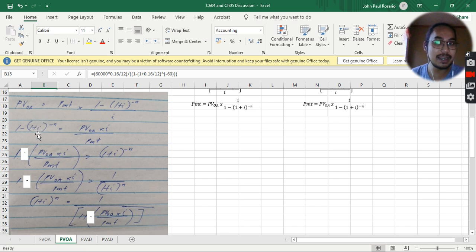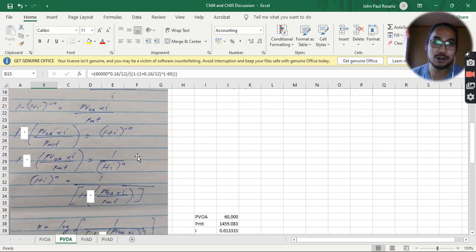And then we transferred the negative 1 plus I to the other side, so it becomes 1 plus I raised to the power of negative n. In order to change the sign of the exponent, we translate it into a fractional expression with exponent. When negative n is made into a fraction, it becomes positive, so from numerator to denominator, it becomes 1 plus I raised to the power of n.